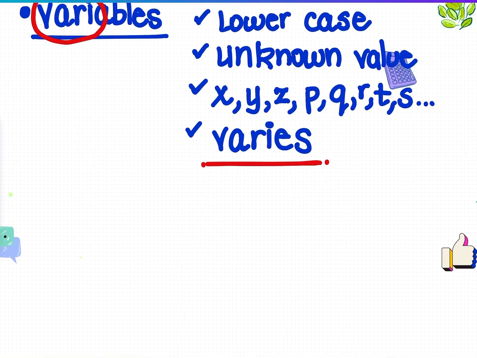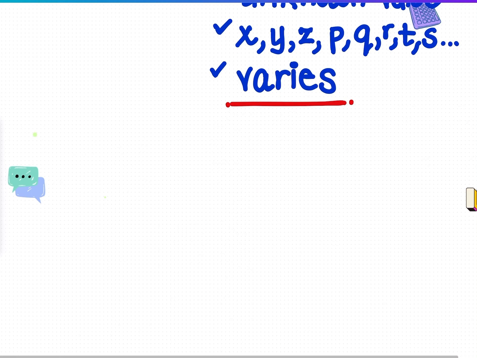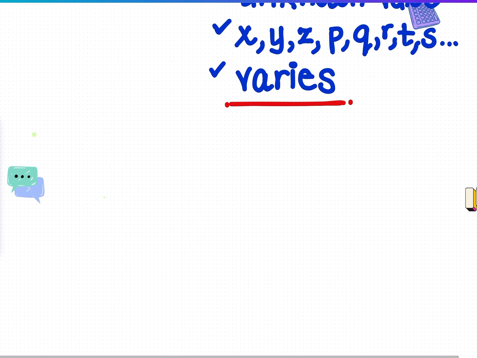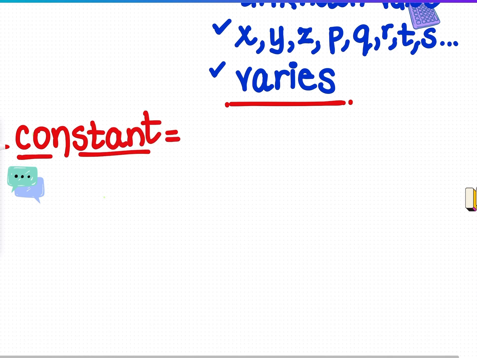All right, the next vocabulary word that is important for you is going to be the word constant. Now, as the name says, it is something that is constant. The value doesn't change.